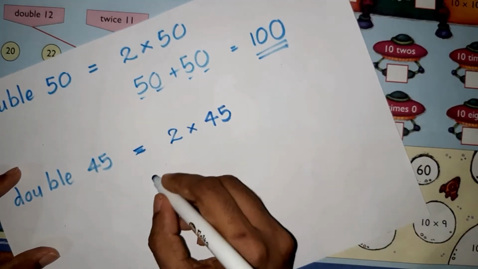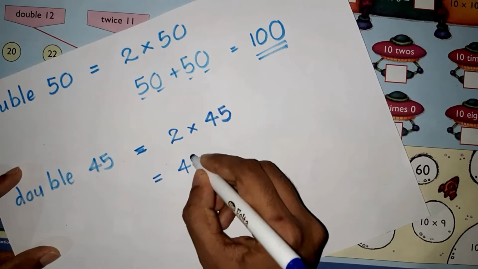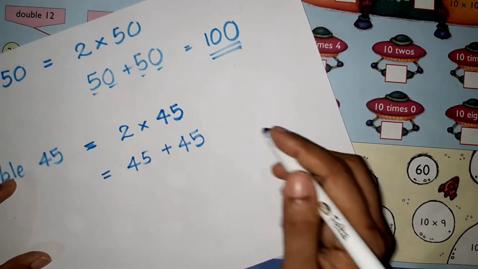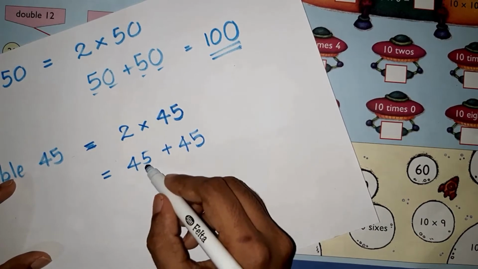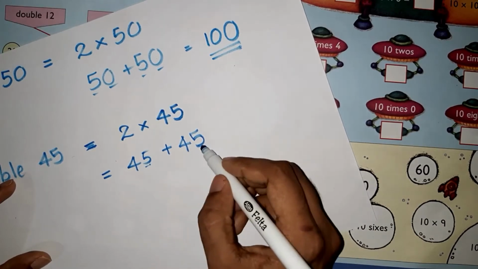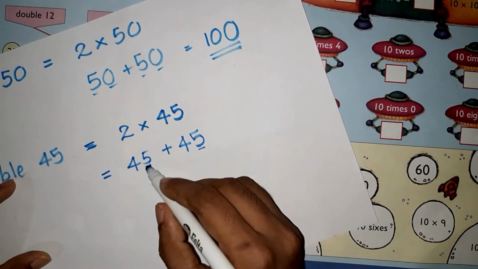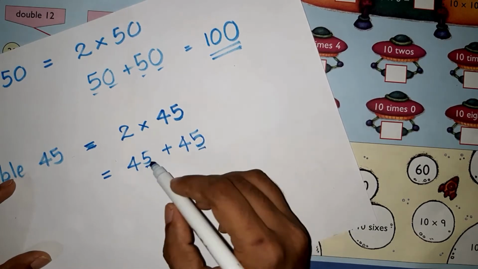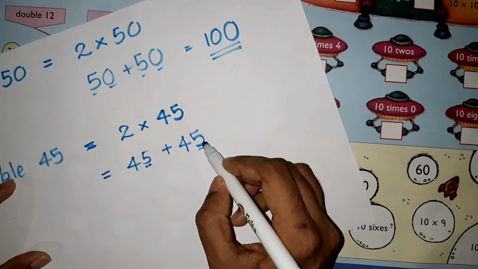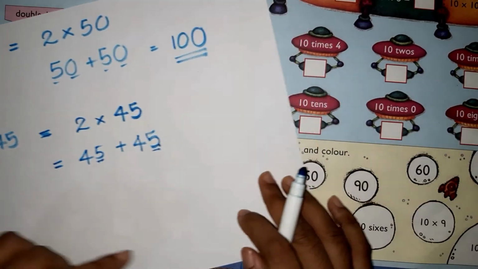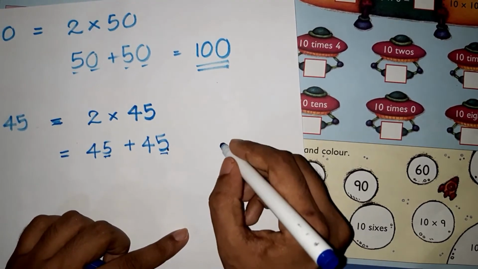Okay, that means 45 plus 45. So we have the 5 in the ones place in both sides. We have to add these ones places together. 5 plus 5, we have a 2-digit number. So there is a problem. So I'm going to write it downwards.